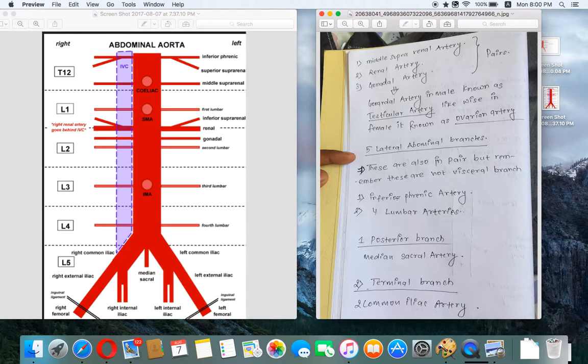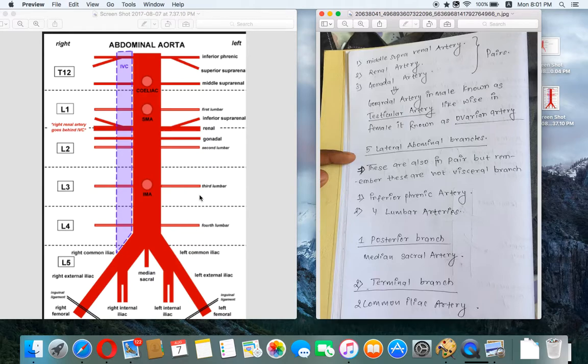So this one is one, and the four are lumbar arteries. Here we have third lumbar artery, fourth lumbar artery, second lumbar artery, and the first lumbar artery.